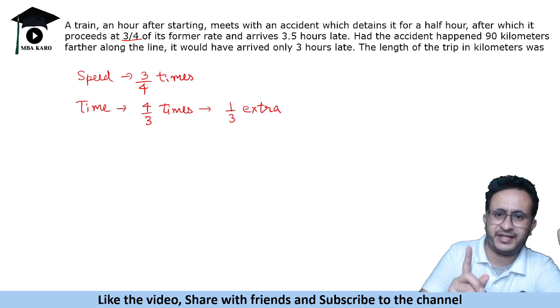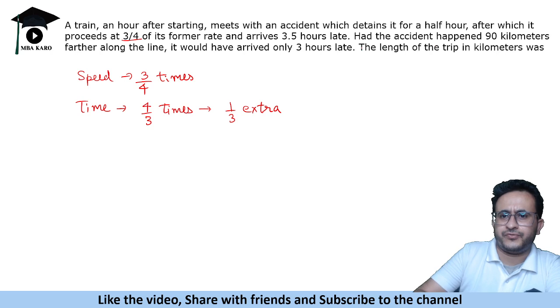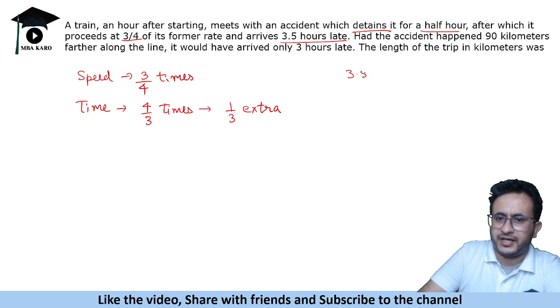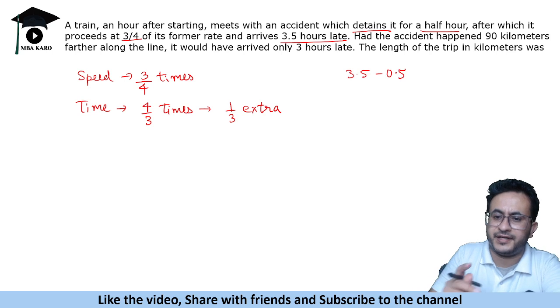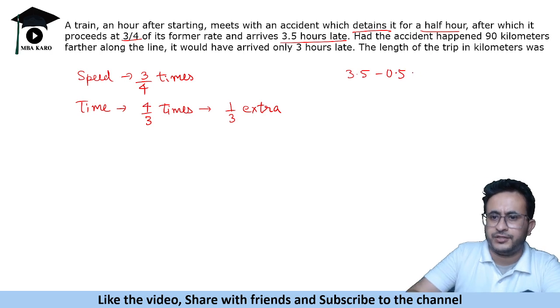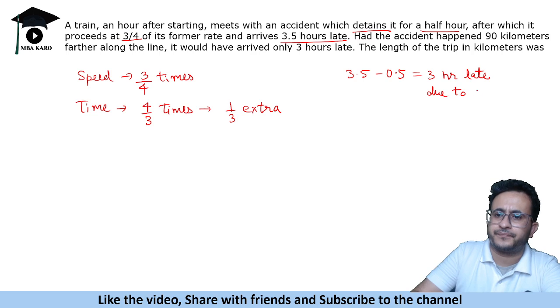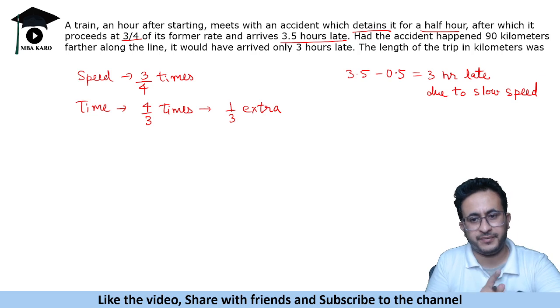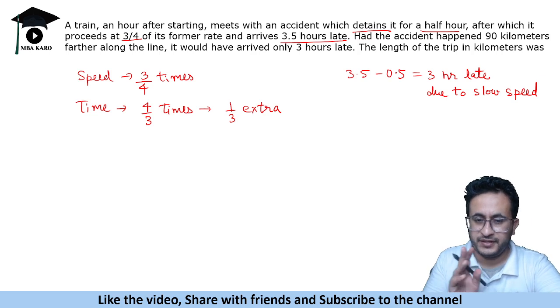Now what is the late? It detains for half an hour, and there is 3.5 hours late. Now total 3.5 hours late, half hour is for the stop, so that means 3 hours late due to slow speed.